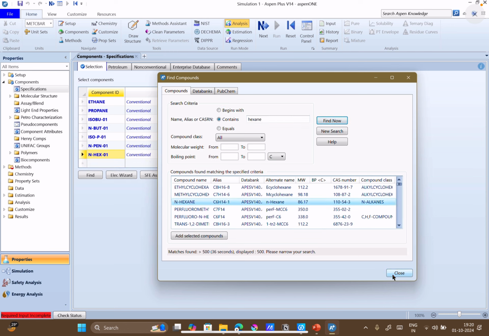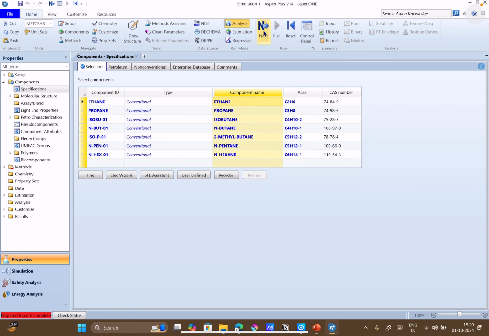So all the components are added. Let's go to the property selection.